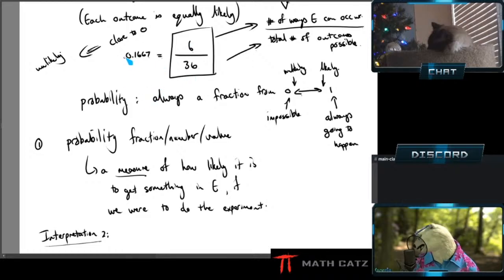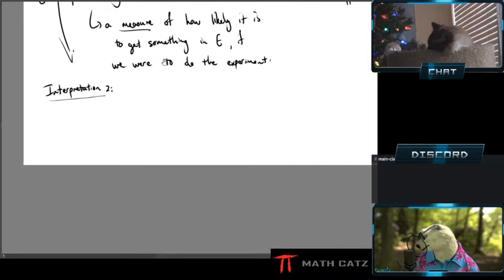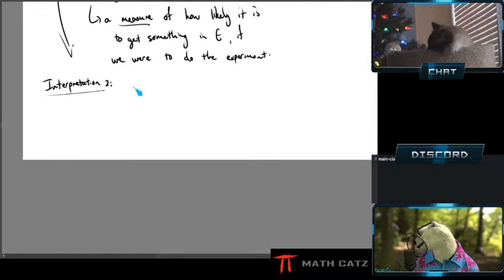So in this case, this is the fraction, this is the probability, but I can also view it as a percentage. It would be 16.67%, right? I have a lot of arrows and all kinds of things going all over the place here. So if I look at it as a percentage, it gives me another interpretation for the probability as follows.